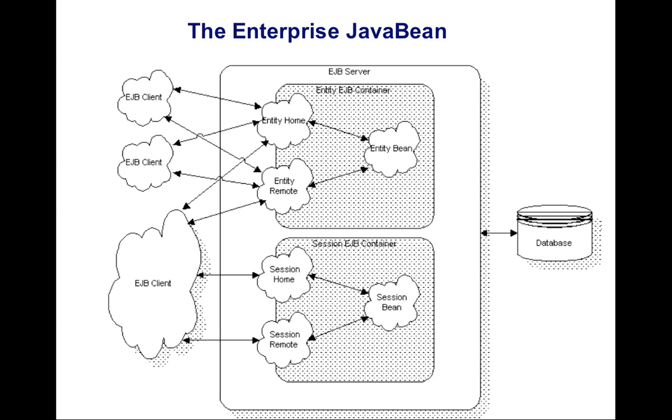So here's the big picture again, where we have the enterprise home, the entity remote out here, the entity bean here, the session bean here, and we're just separating them out now into two separate containers. One container up here says, it's hard to read this, but it says entity Java bean container. Down here on the bottom it says session enterprise Java bean container, where we're looking at the session related one. So it's just another way of abstracting it out into two separate containers, keeps it organized.